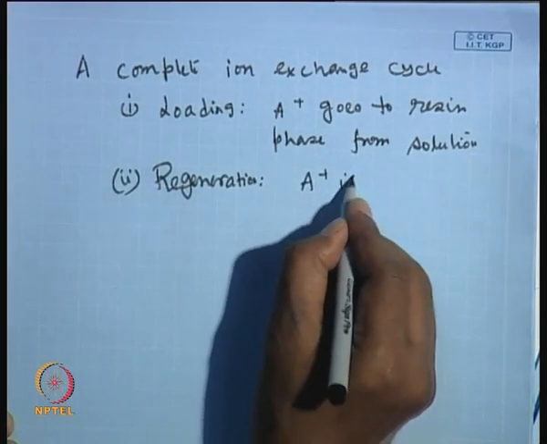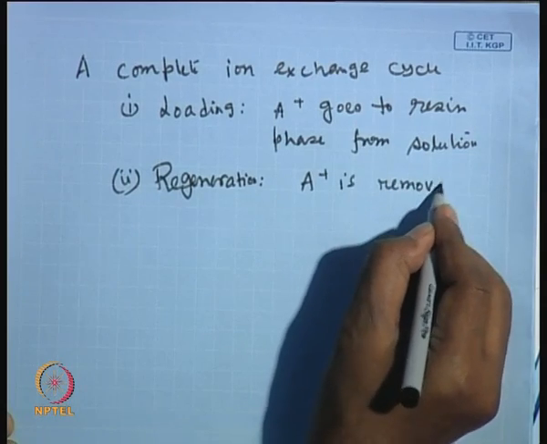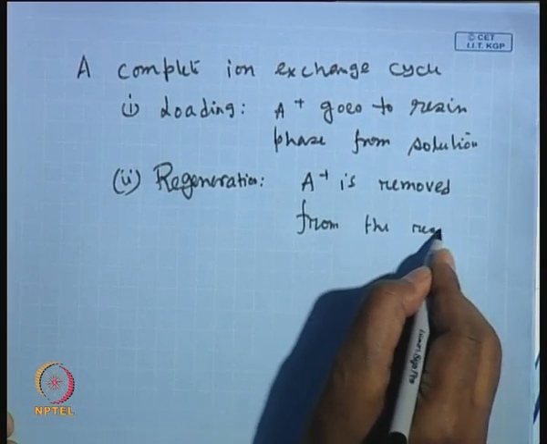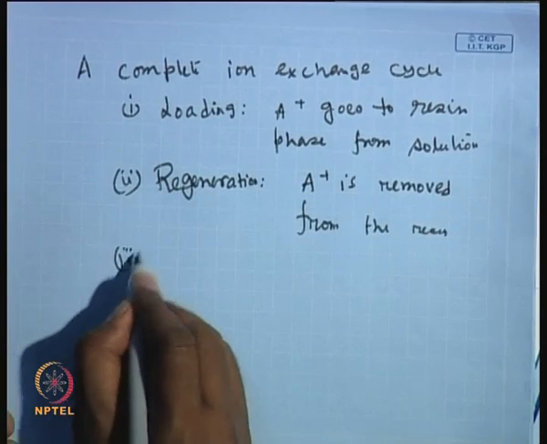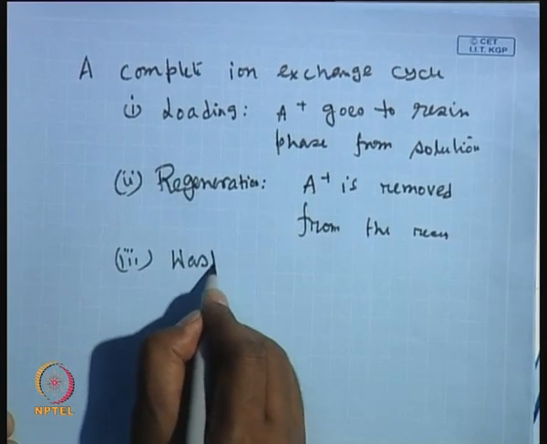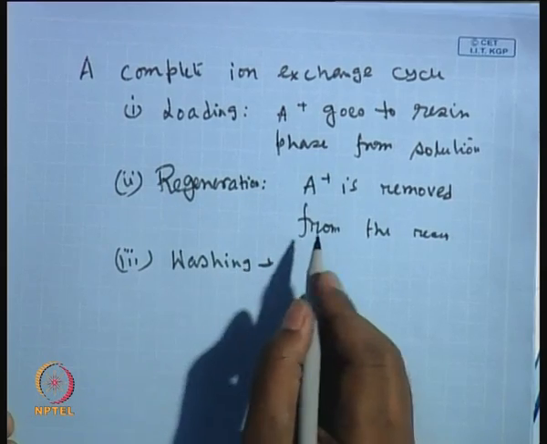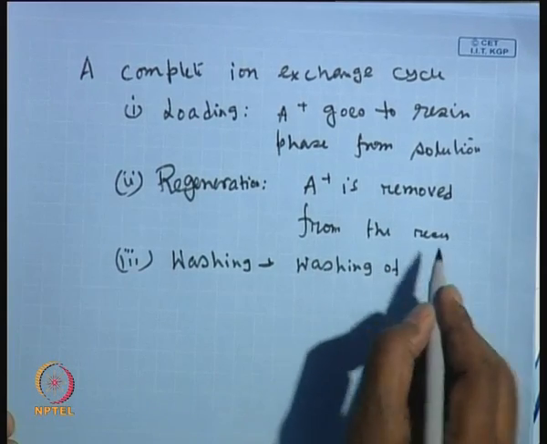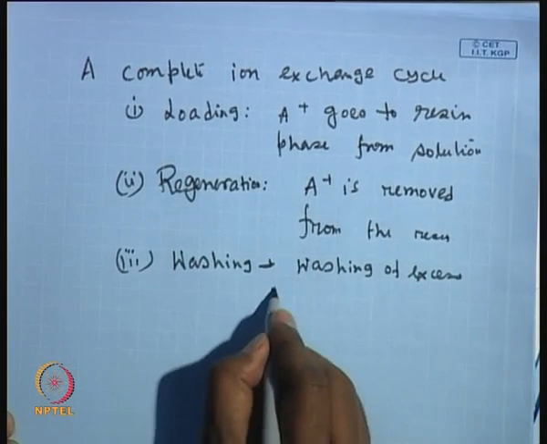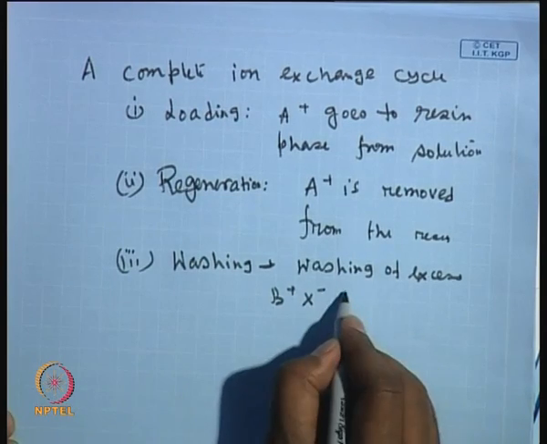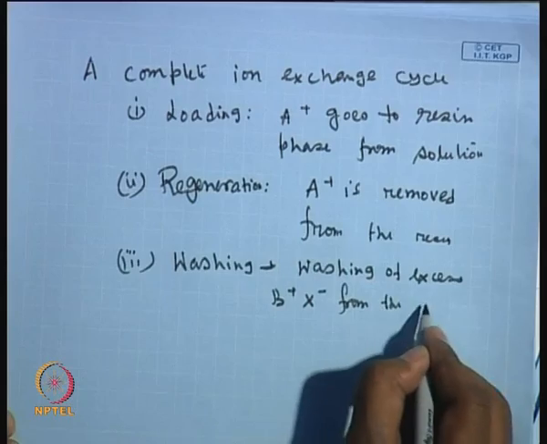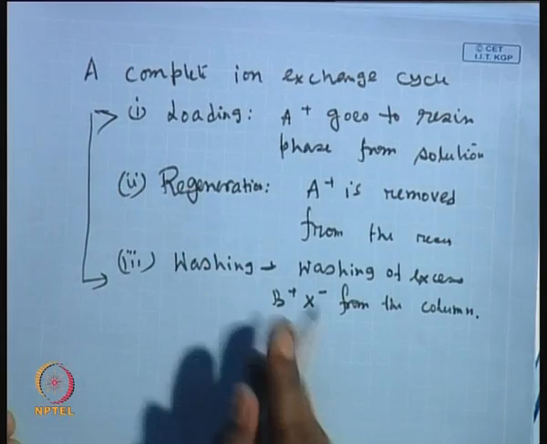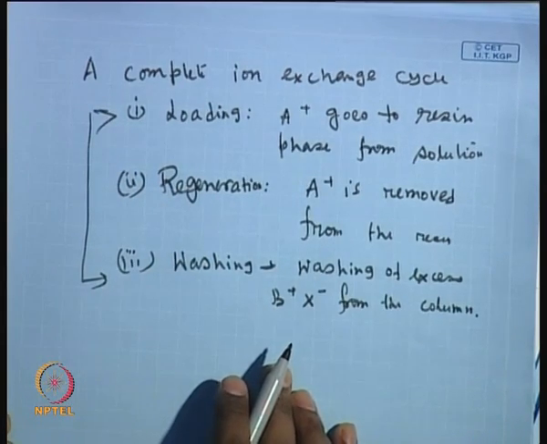A plus is removed from the resin. And third one is called washing. Washing means washing of excess B plus X minus from the column. So that gives the complete cycle of an ion exchange resin column.